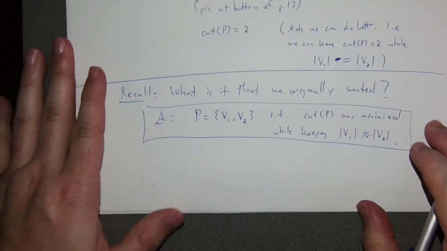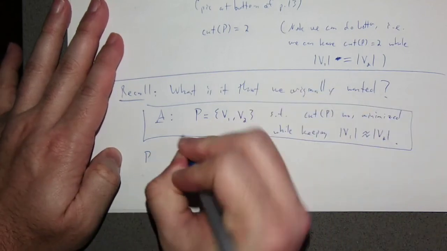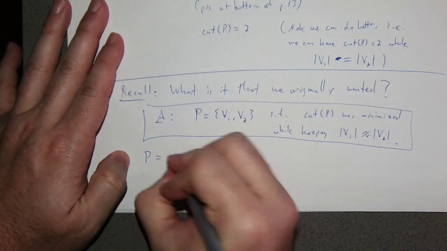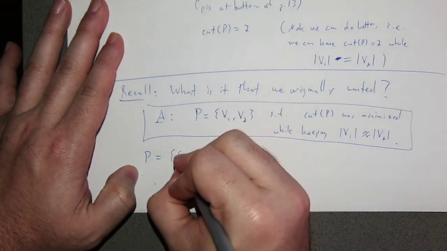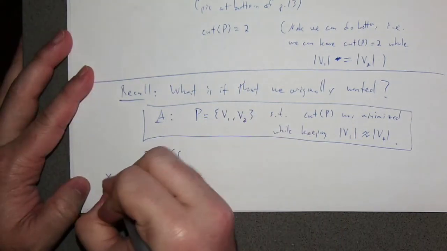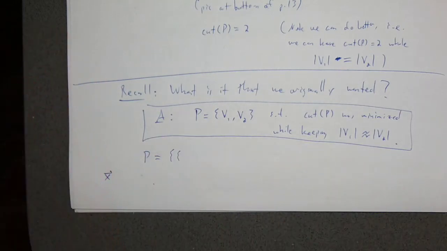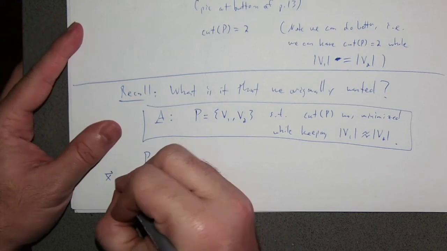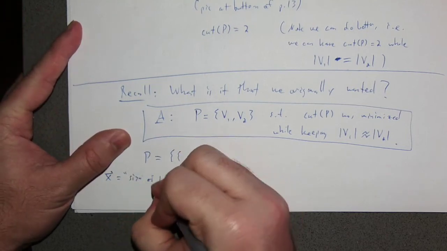So to write this out, using the Fiedler method, our partition was the set of vertices where x is not really our Fiedler vector, it's the sign of the Fiedler vector.